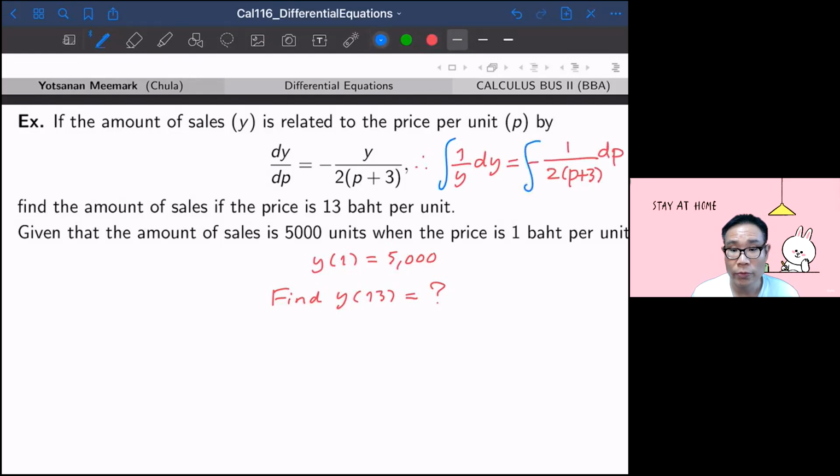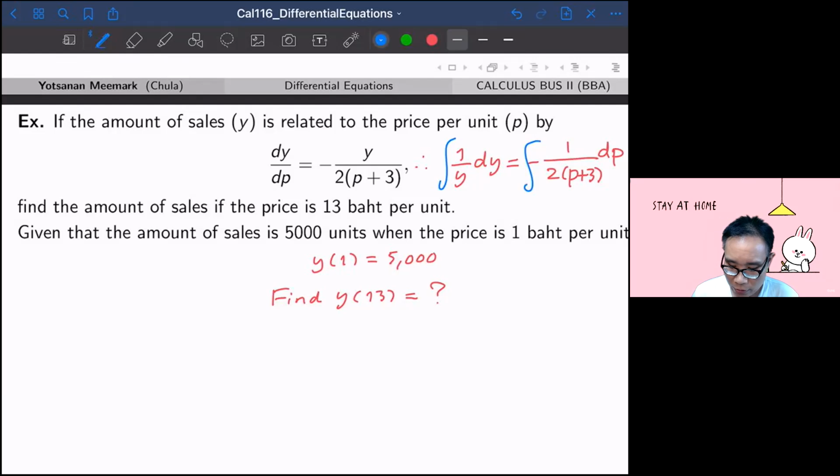I leave this one for you to do on your own first, and you're going to find c by using y(1) equal to 5,000, and then you plug in p equal to 13 in order to obtain y(13). I'm going to give you the solution at the recitation.